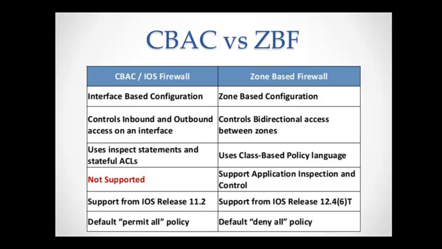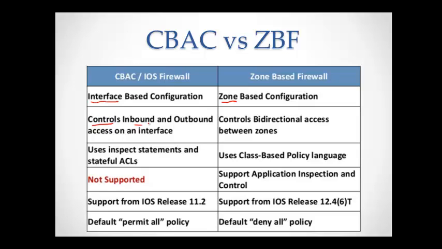Let me show you the difference between CBAC and zone-based first. First difference: where did you apply the inspect command? Under the interface, correct? Here we will not apply any policy under the interface. We'll apply it on zones. A zone may have more than one interface. So we will apply the policies to the zone.